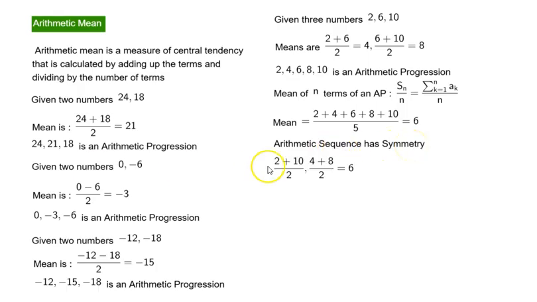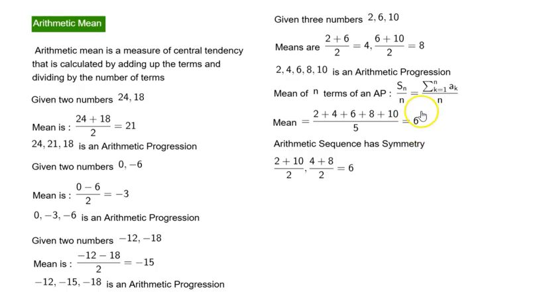Here, if you notice, 2 plus 10, the first term and the last term, the sum is 12. 4 plus 8 is again 12. So we can use this symmetry to figure out the mean of n consecutive terms. (2 + 10)/2, (4 + 8)/2 is equal to 6.